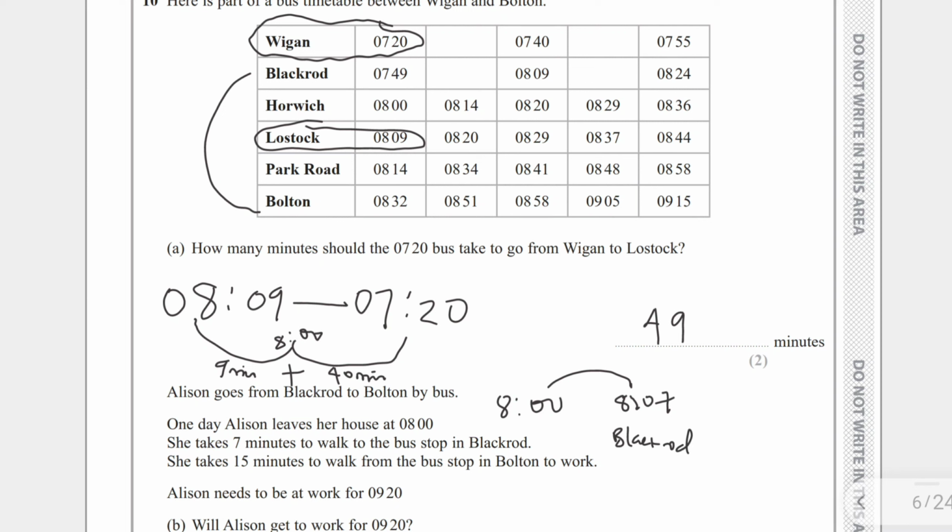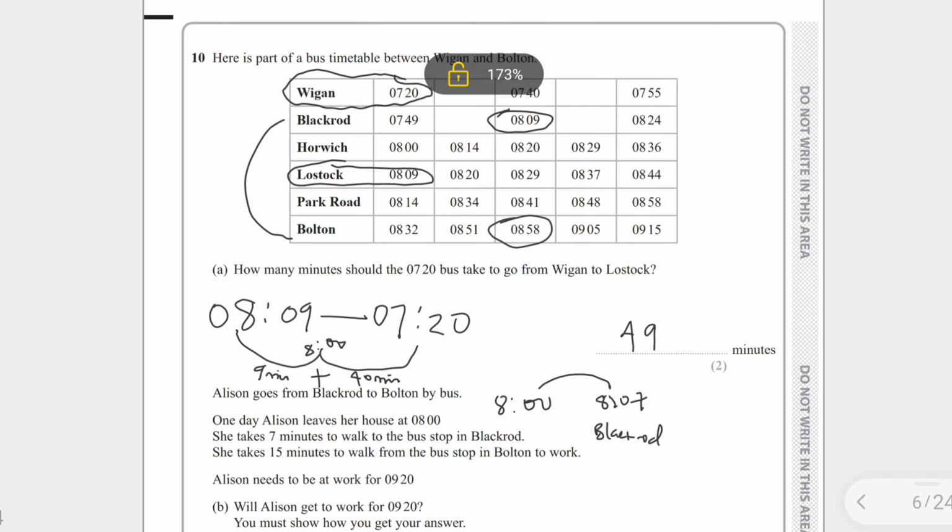Next, she takes 15 minutes to walk from the bus stop in Bolton to work. Now, if she gets to Black Road at 8:07, that means the bus she can take is the 8:09 bus. And if she takes the 8:09 bus, she'll get to Bolton at 8:58, right?